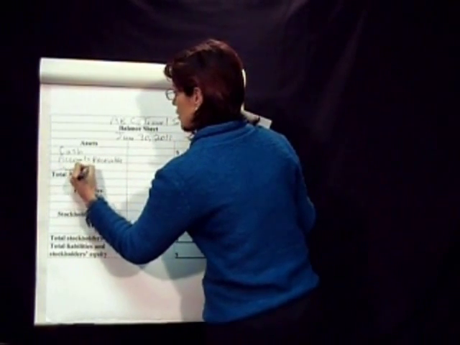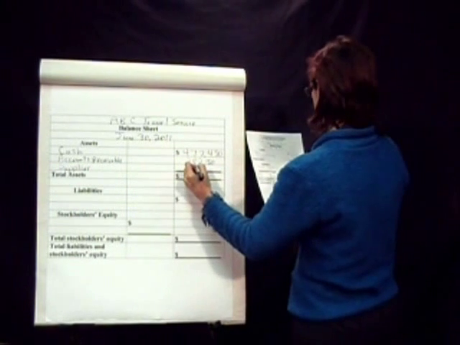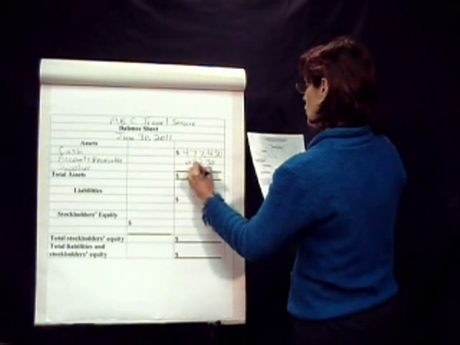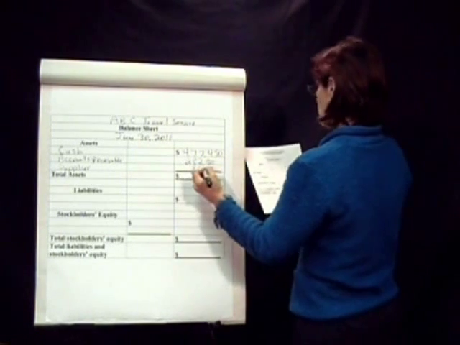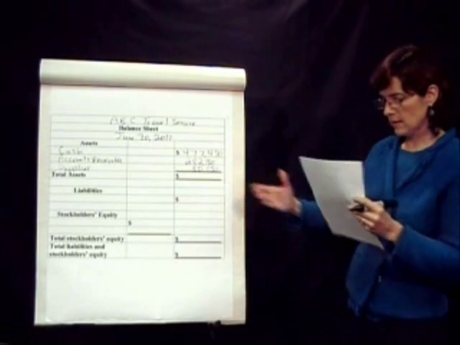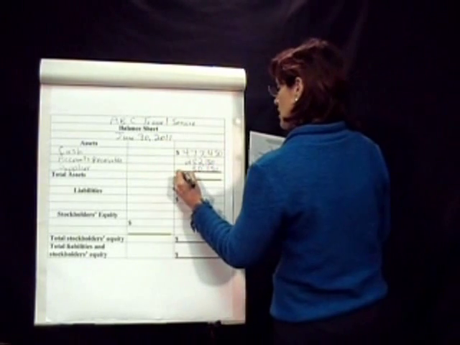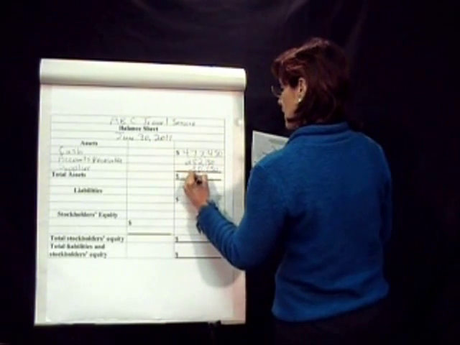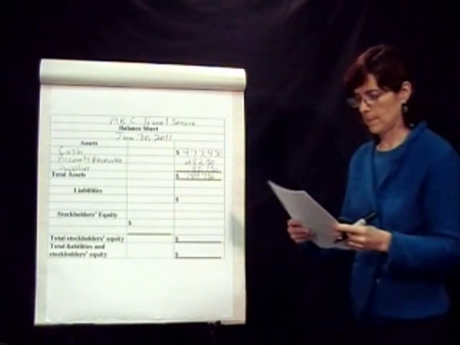Again, another asset, a resource owned by the business. $30,150. Okay, adding those down. Once we've listed all of our assets, we add them down. I don't see any others. We should have $789,750.